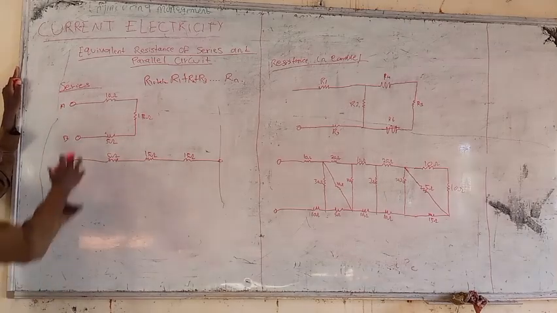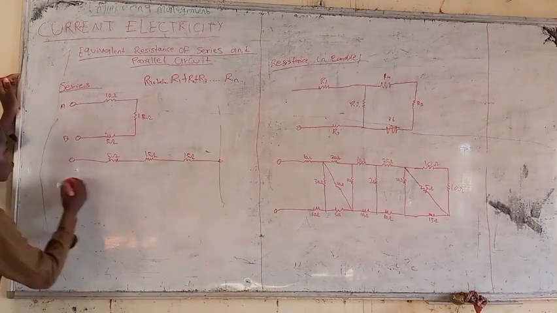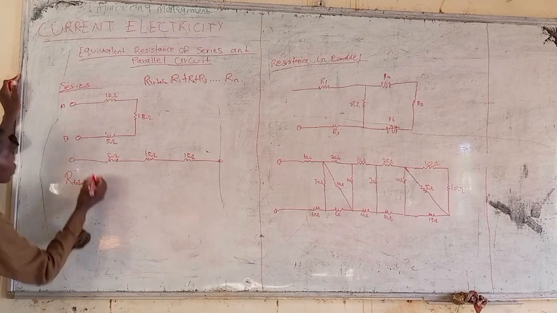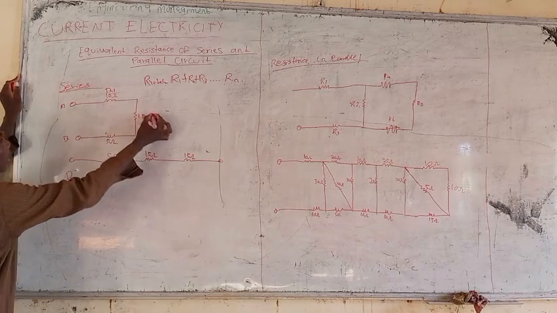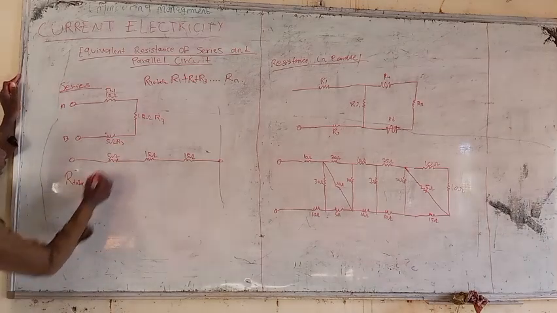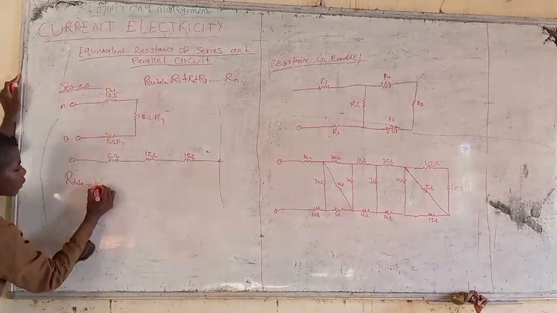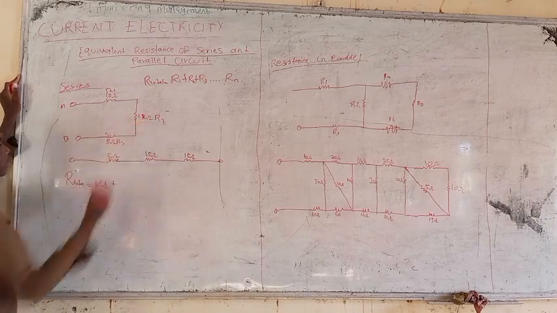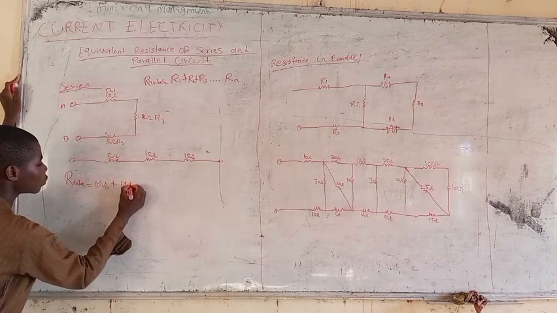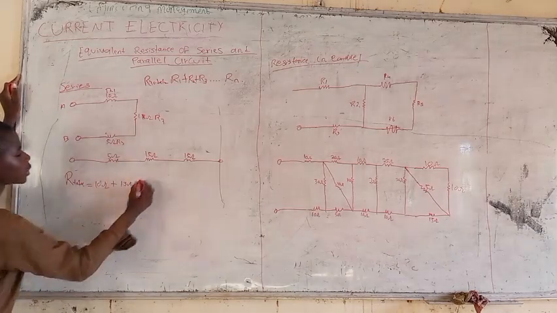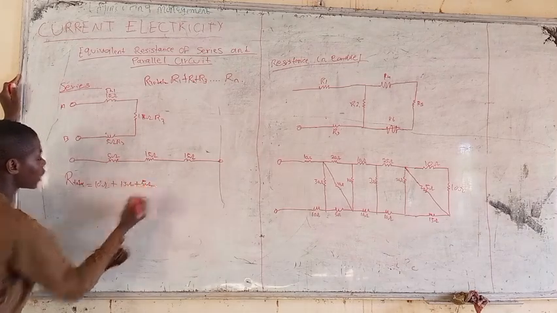To calculate the first question, we can recall our formula that R total is equal to, let's say this is our R1, this is our R2, and this is our R3. R1, which is 10 ohm, plus 13 ohm, plus R3, which is 5 ohm.